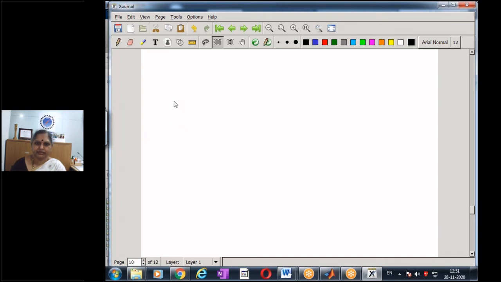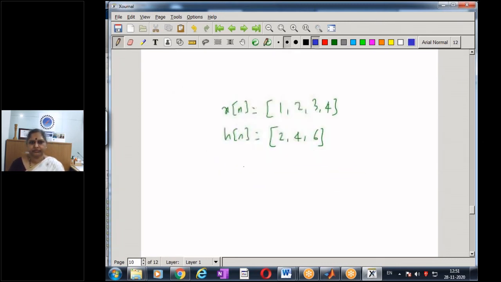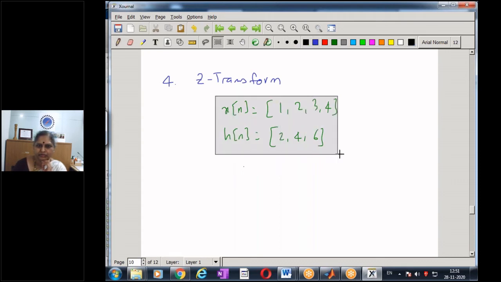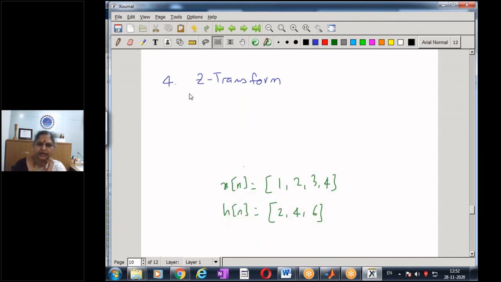The next method, the fourth method of performing convolution, is by using the Z transform. How do we compute it?